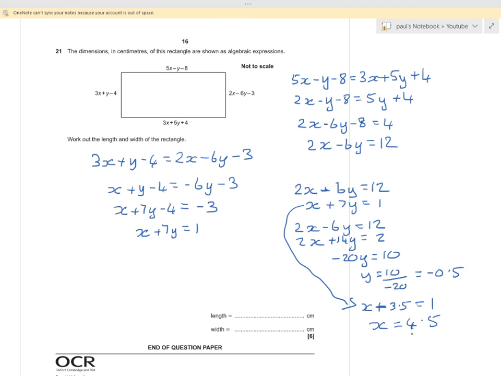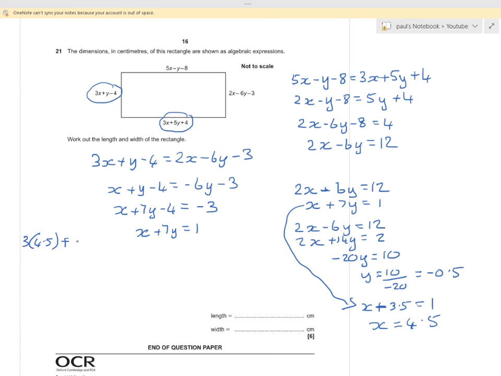Right, so I found out what x and y is. So now if I substitute these two values into one of these things here, I'll do that one because it's pluses, into there, then I should be okay. So this one is 3 times, what's x? 4.5, plus y.